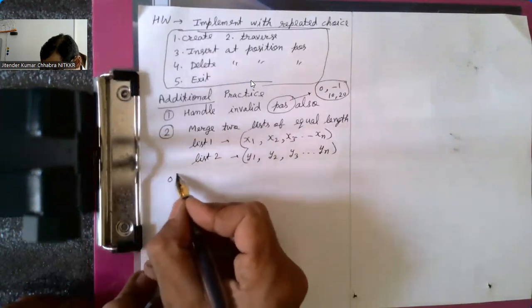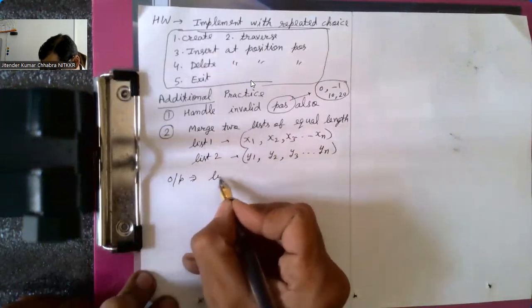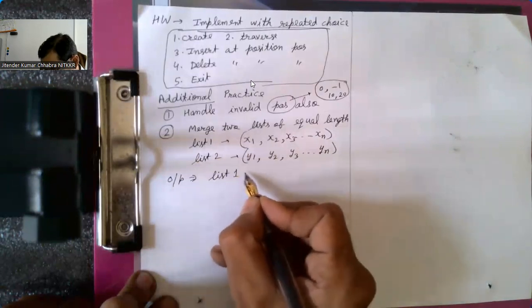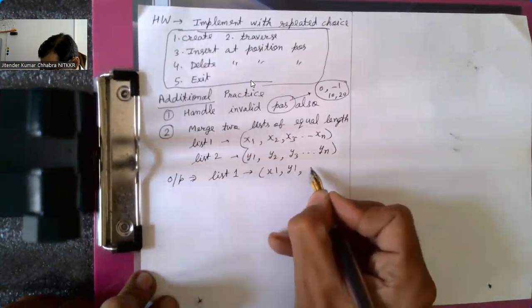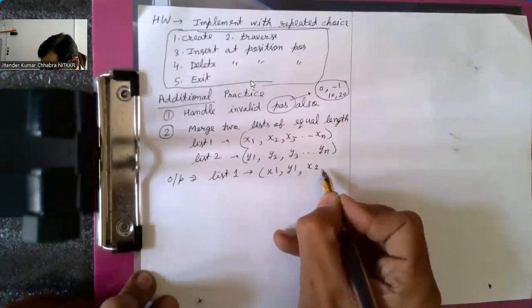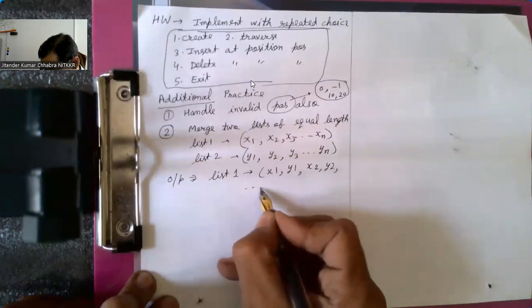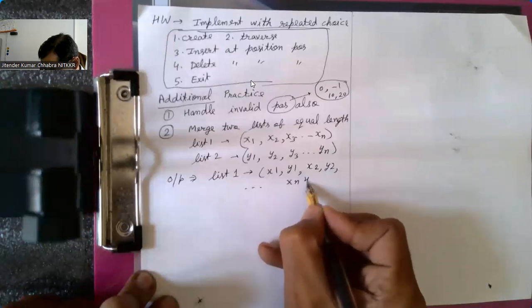Then my output should be that list 1 gets modified and becomes alternate connections x1, y1, x2, y2, and so on up to xn, yn.